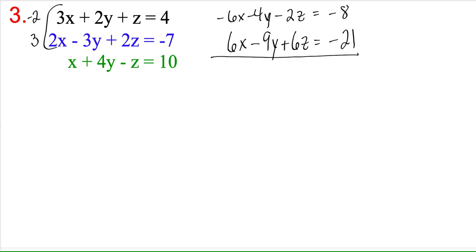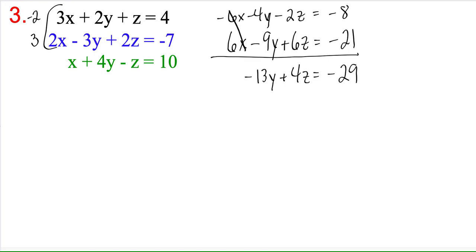All right, so now we just simplify these two. The x's will cancel like we want. -13y plus 4z equals -29. This one could be ugly because we've got a 13 in front and a 29 in the back.